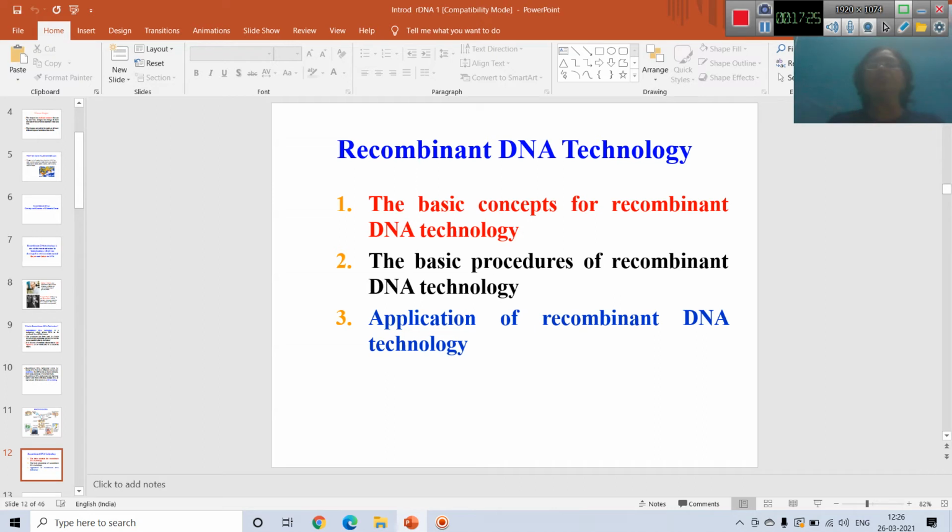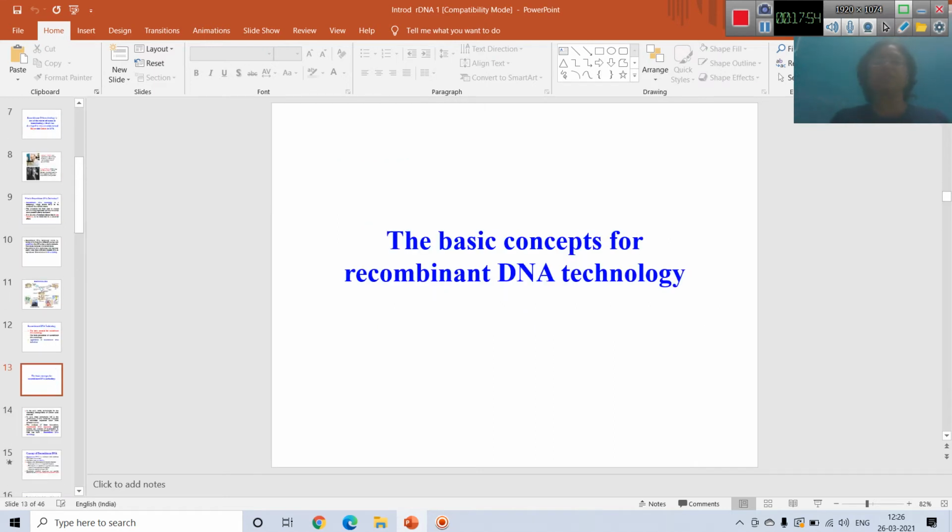So both your units, unit number 3 and unit number 4, are totally on recombinant DNA technology, which deals with these 3 points: the basic concepts, then basic procedures, what are the different tools employed, what are the vehicles used, what are the different steps used, and how recombinant DNA technology is applied in the field of science, or what is the application of recombinant DNA technology.